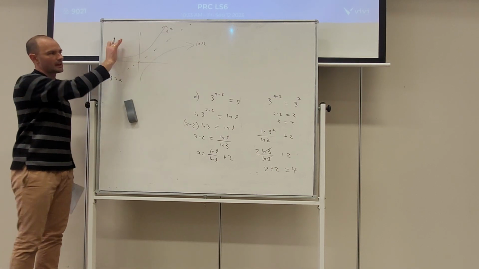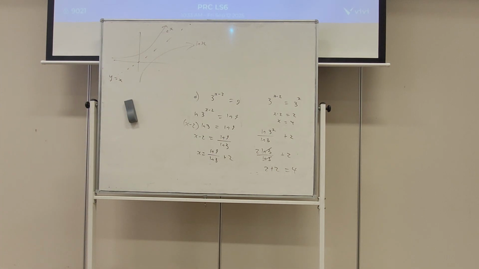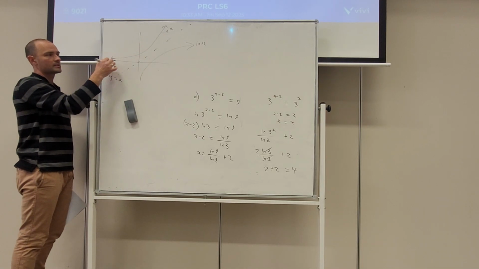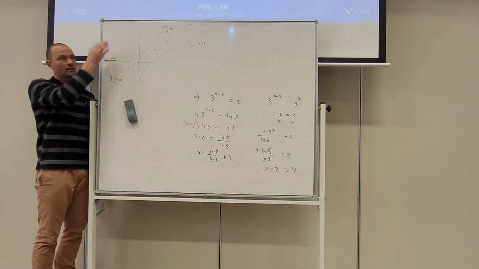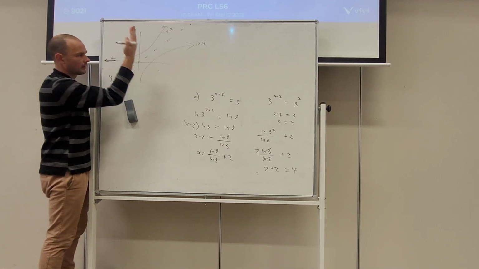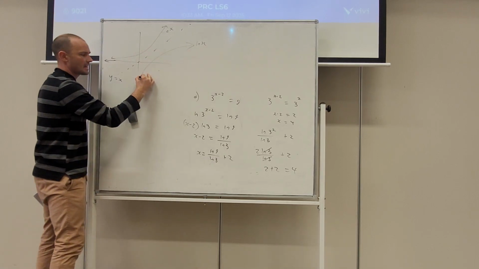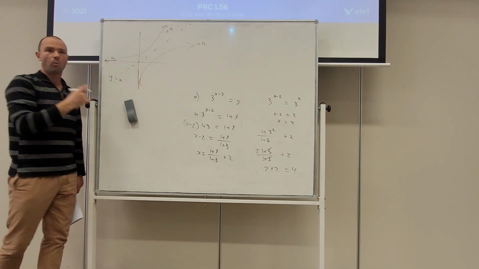They're mirror reflections of one another, that's how they're related. And e to the x is asymptotic to the x-axis. Therefore, if we mirror it about the line y equals x, then ln of x is asymptotic to the y-axis.